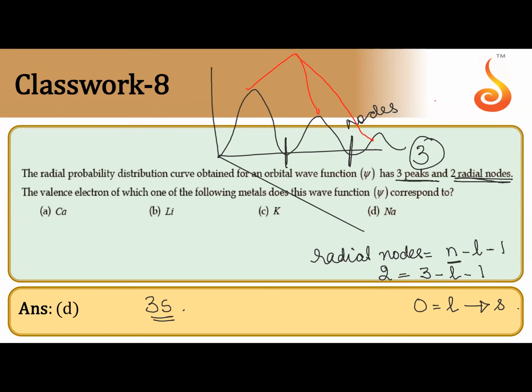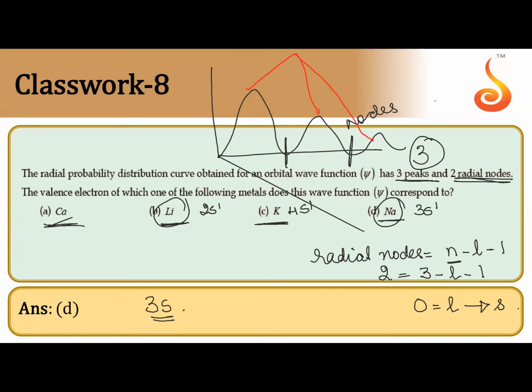Which of these atoms has valence electron in 3s? So lithium, you know, is like 2s1, right? So it's our alkali metal which comes below lithium. This is 2s1. So which one we should select? Sodium, right? That is 3s1. And potassium is 4s1. And this is not even an alkali metal.